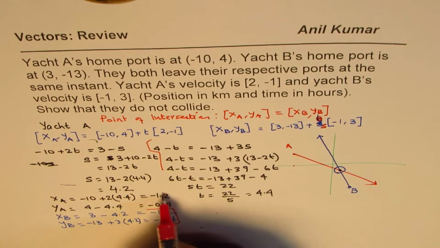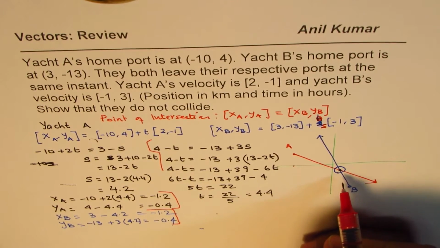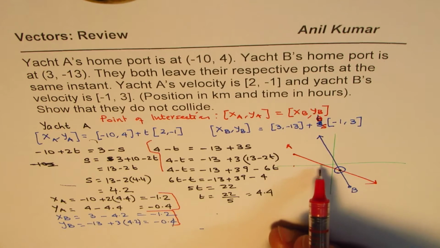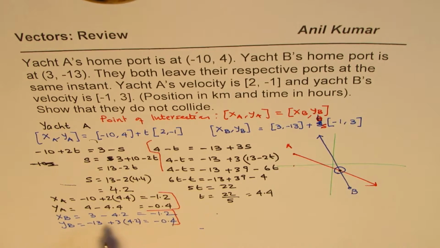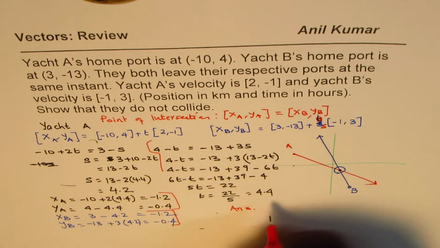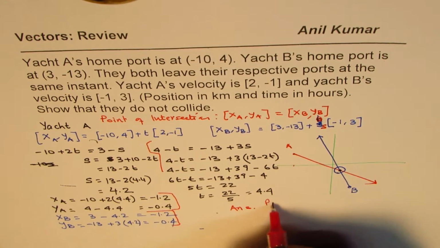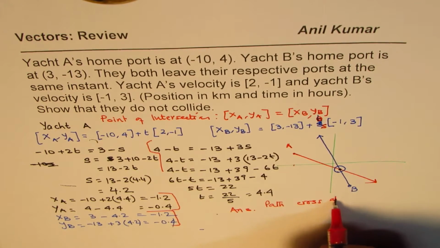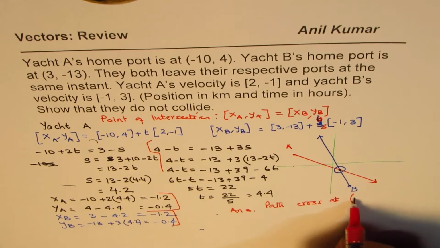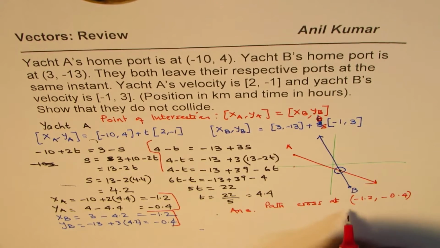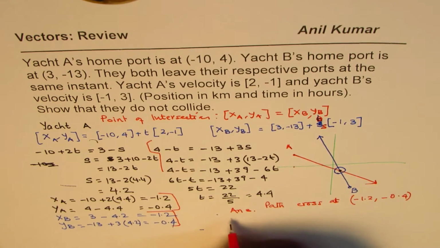So they match. The position is not quite as per our diagram, it is more on this side. So they meet at minus 1.2, the point of intersection. So we can write down our answer: the paths cross at minus 1.2, minus 0.4, and they cross at different times.